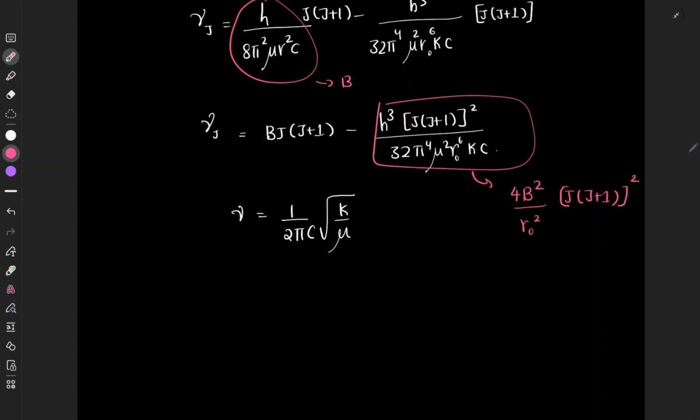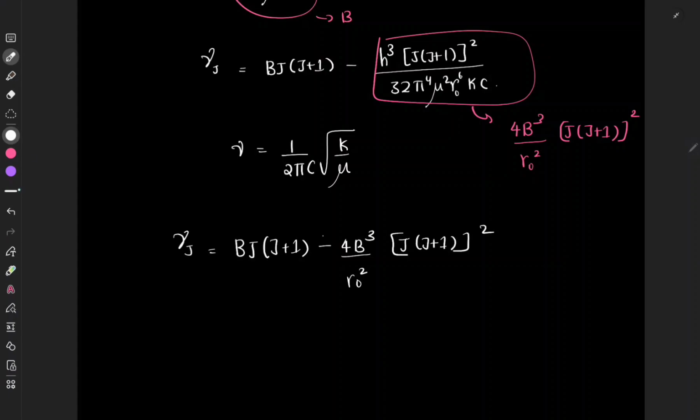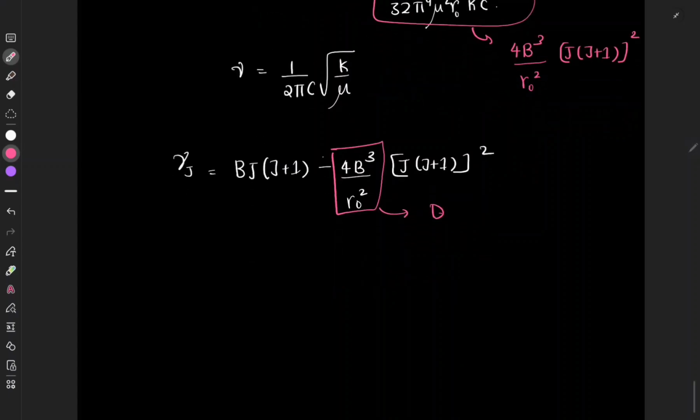So finally I can write nu j is equal to B j into j plus 1 minus 4B cube divided by r naught square, j into j plus 1 the whole square, and this term over here is nothing but D, the centrifugal distortion constant. So nu j is equal to B j into j plus 1 minus D j into j plus 1 the whole square.